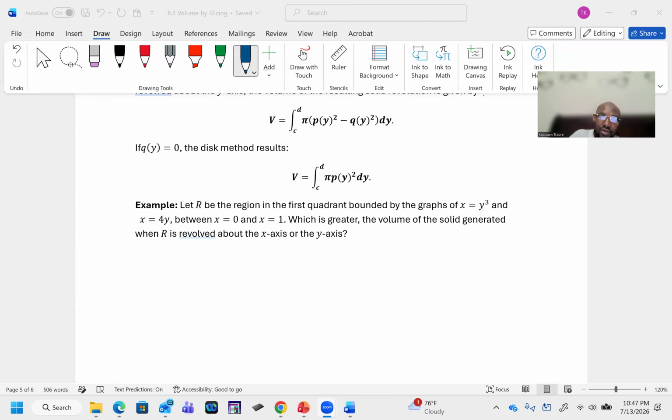So let's first do it about the y-axis. I'm going to graph, and we will see the interval of integration on both.